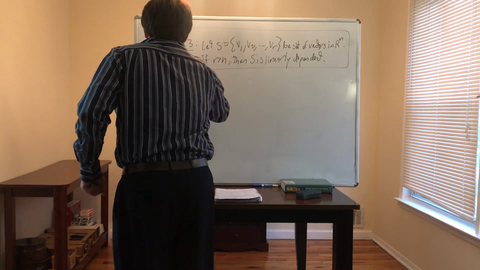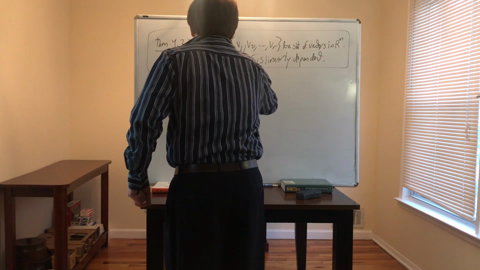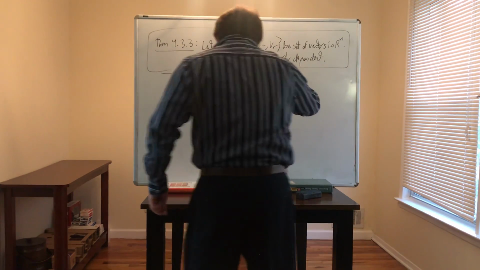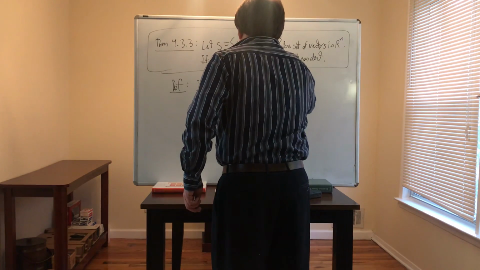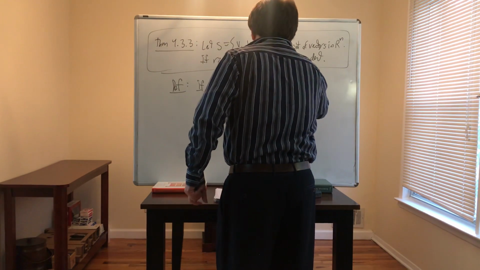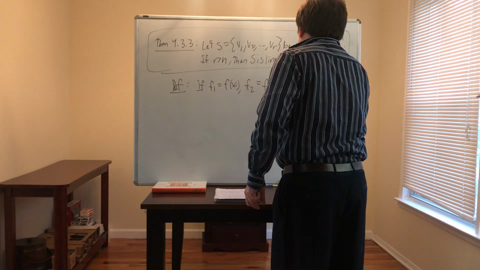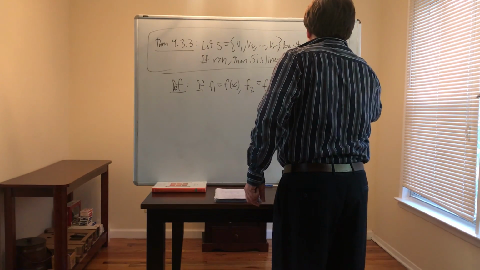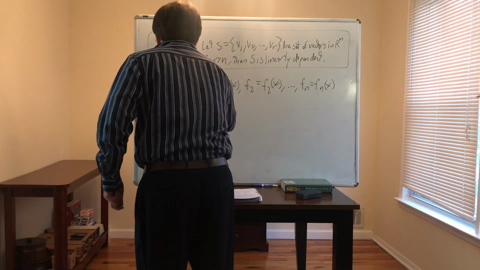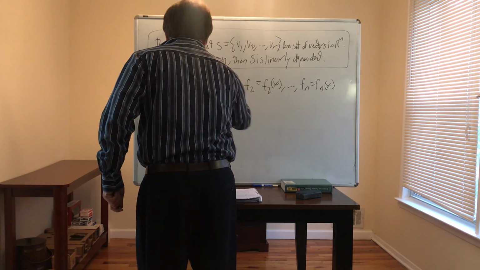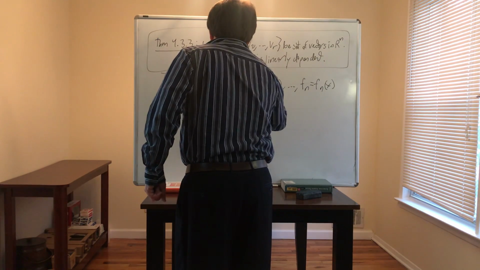Here's a definition. If f sub 1 is equal to f1 of x, f sub 2 is equal to f2 of x, dot dot dot, f sub n is equal to fn of x, are functions that are n minus 1 times differentiable.